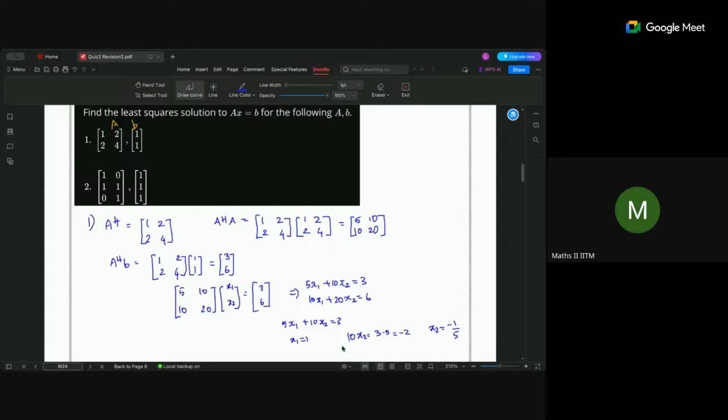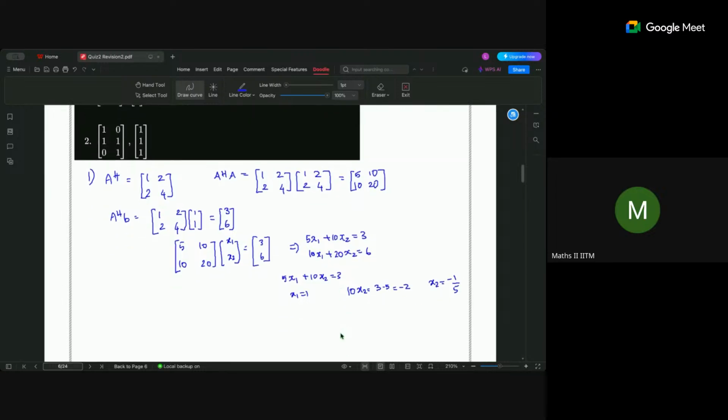So you have a solution of the form 1 comma minus 1 by 5, or if you just want whole numbers here, you can replace with 5 comma minus 1. So you put 5 here and minus 1 here. Does it work? 25 minus 10. No, I made some mistake, I guess. What was the mistake? What was the error?